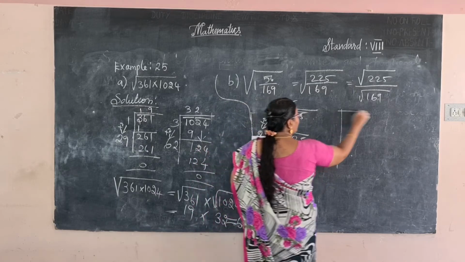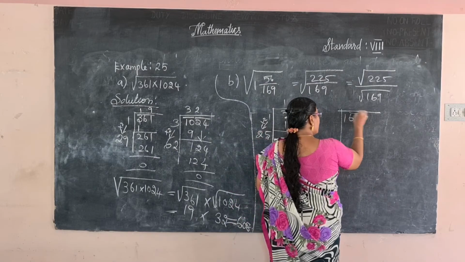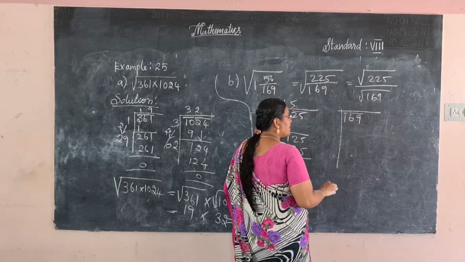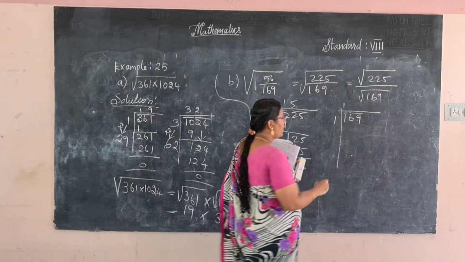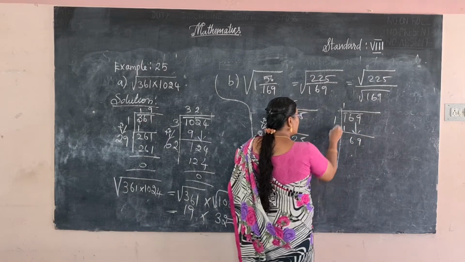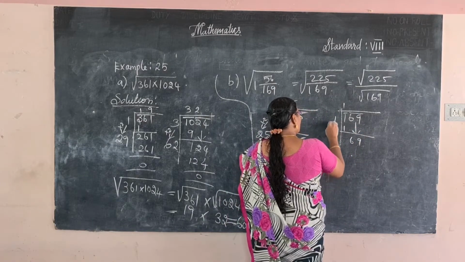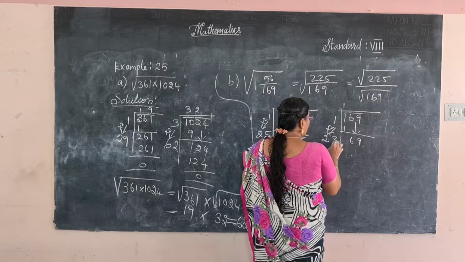And next, find the value of the square root of 169. First divide into pairs from the right side. Squares: 1 one is 1. Now bring down the next two digits. Divisor multiplied by 2 is 2. Which number multiplied? 3.